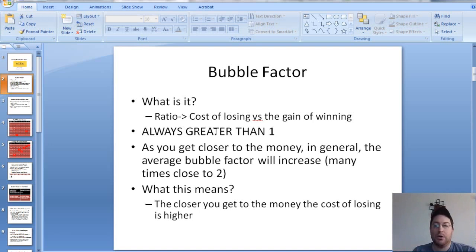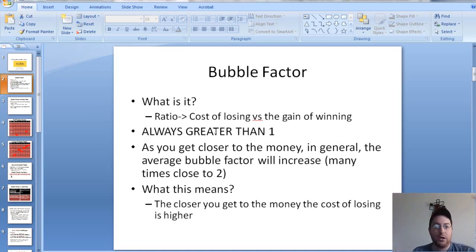In a cash game, you bet $1, you win $1. Your dollar chip is worth $1. So there is no bubble factor because there is no prize pool. Because there's a prize pool, as soon as the first hand is dealt of a tournament, there's a value to your chips that is not an exact one-to-one value. Because you're not in the money yet, and as you approach the money, the value of your chips will gradually start increasing.